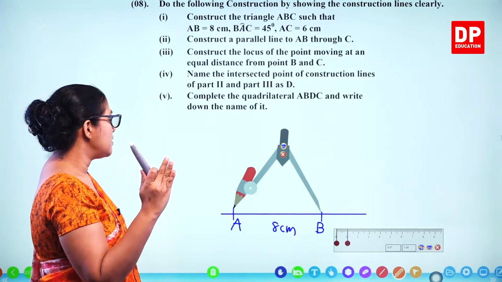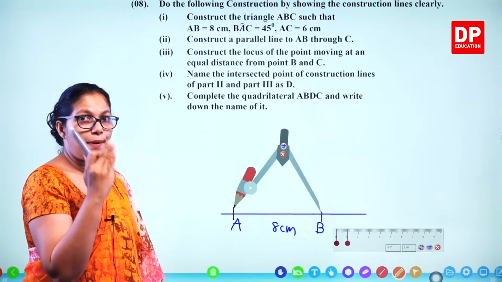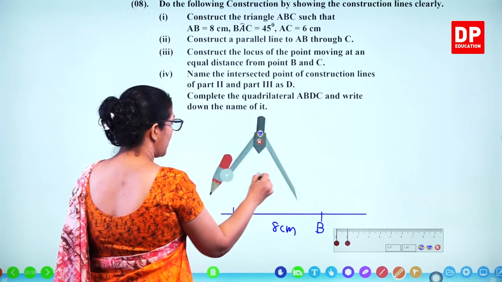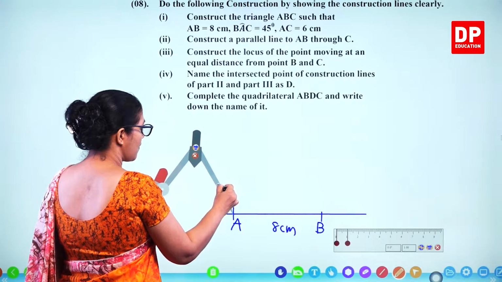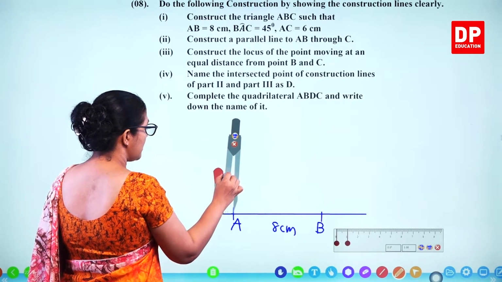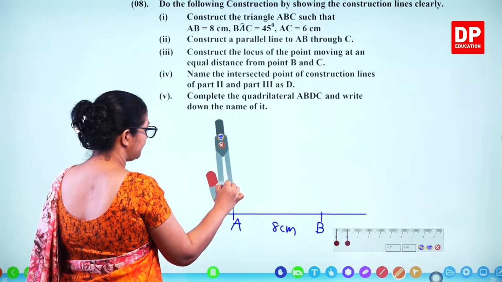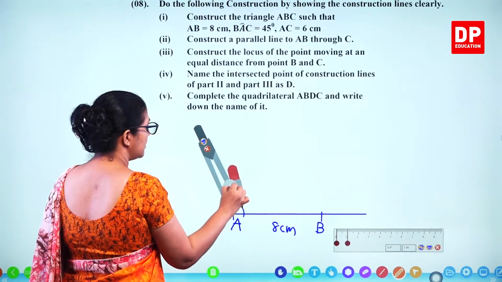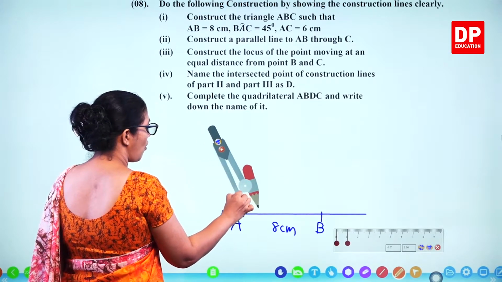First draw a 90-degree angle, a perpendicular, and bisect the perpendicular. So we'll do that now. We'll take a smaller length because otherwise we have to extend the line. Here and here. Now I can take a longer length.